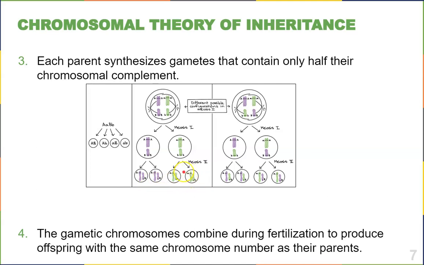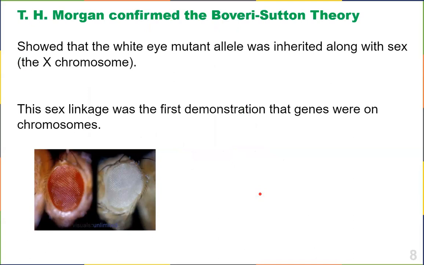And then when fertilization happens, 23 plus 23 equals our 46 again, our normal number. So fertilization restores the chromosome count, which is good. That's what we want. We want an individual that has the typical count.